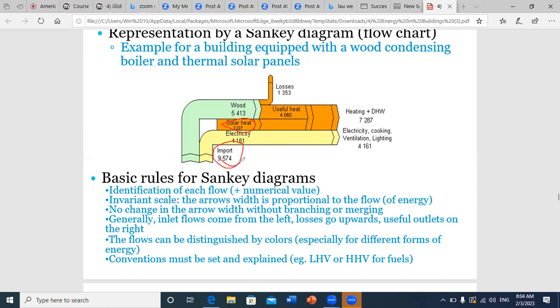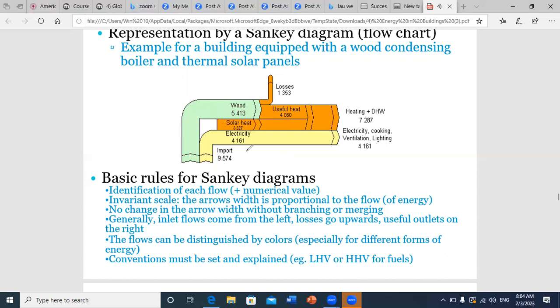Whenever you are calculating the import, you calculate non-renewable energy, such as electrical energy that can be from fossil fuels, and wood energy that is from combustion. So you can see that 9,574 is the summation of the energy from wood and the energy from electricity, which are non-renewable resources.